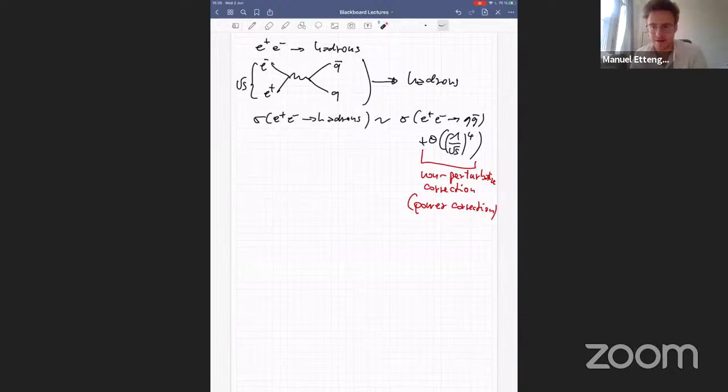Thank you. My question is again on this correction. How can we calculate the correction on a hadronization process when we don't know how confinement works? One way of getting an idea how these things work is to look at what happens in the perturbative part.